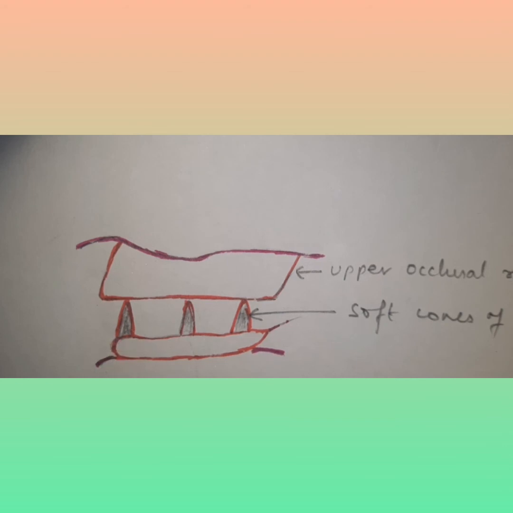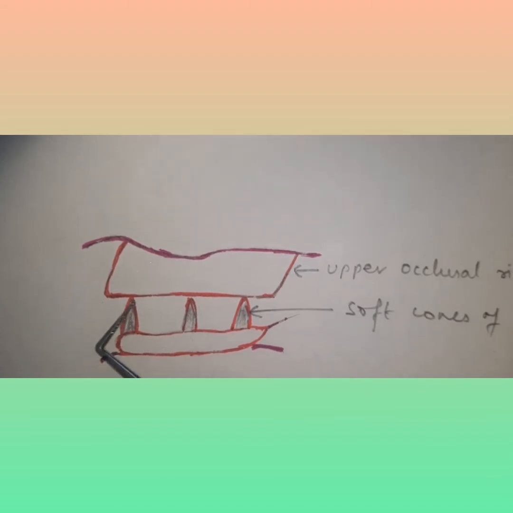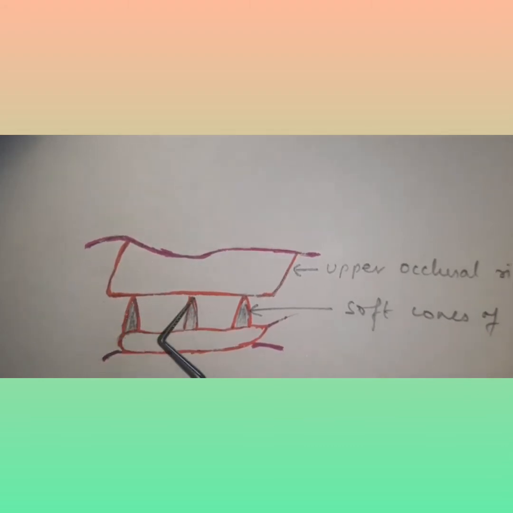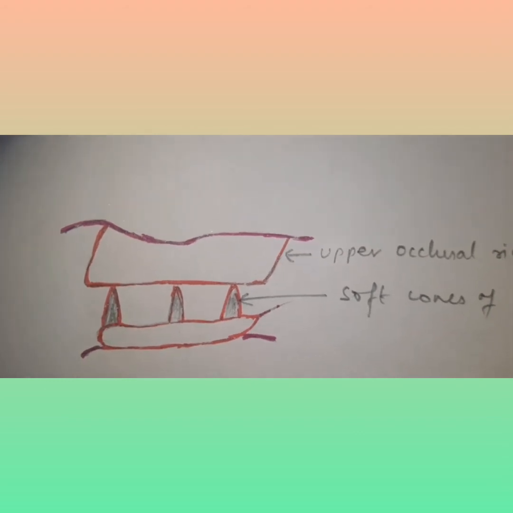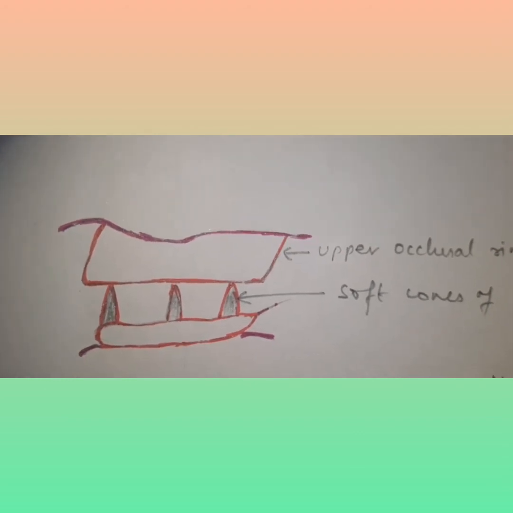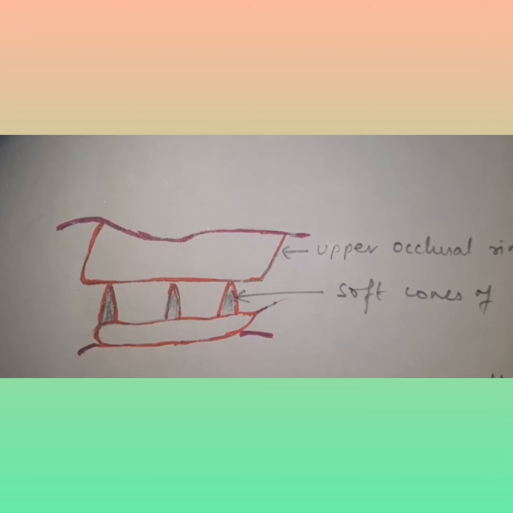With the swallowing, this wax would reduce and come to a particular position, and once there is no change, you seal that into position and then remove it. So this is also another method in which you are using swallowing as the method of recording centric relation.